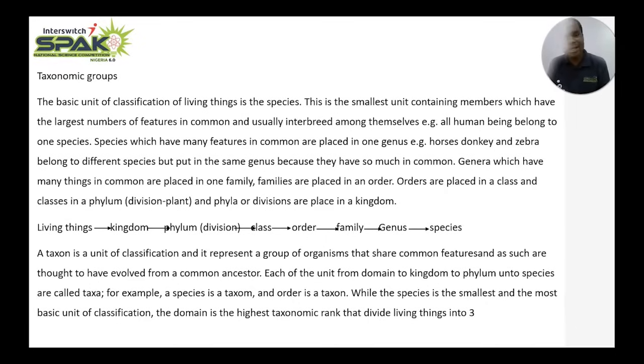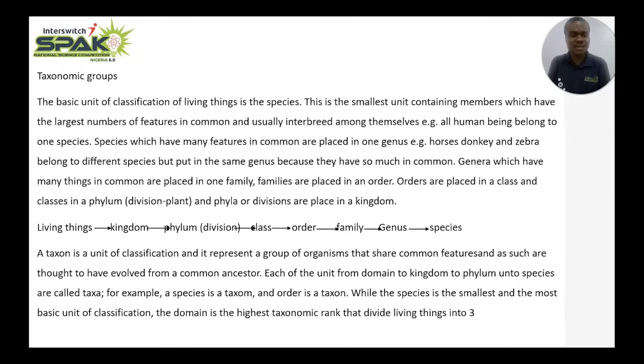Genus is a taxon. Class is a taxon. Each of the units from domain to kingdom to phylum, even till you get to species, is called a taxon. Together, taxa, the plural of taxon.